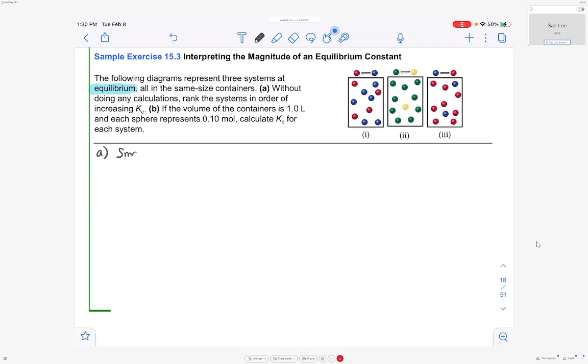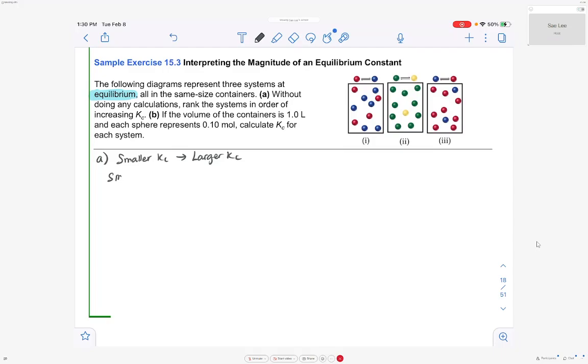Smaller Kc, as we learned from the previous slide, means smaller concentration of product at equilibrium.